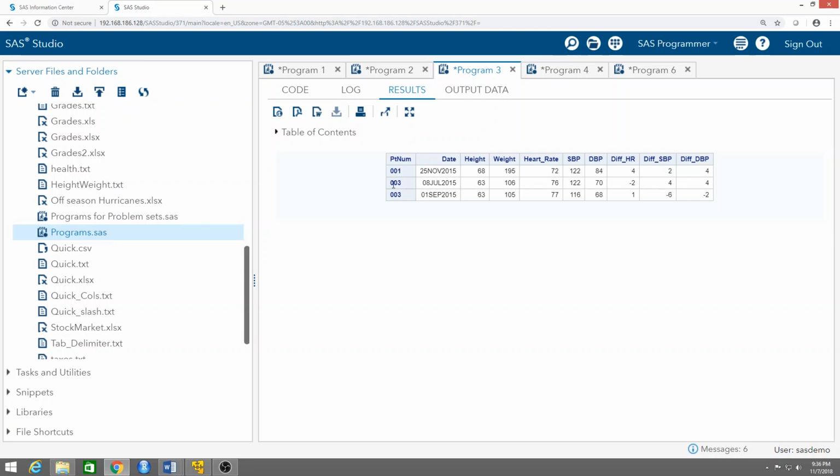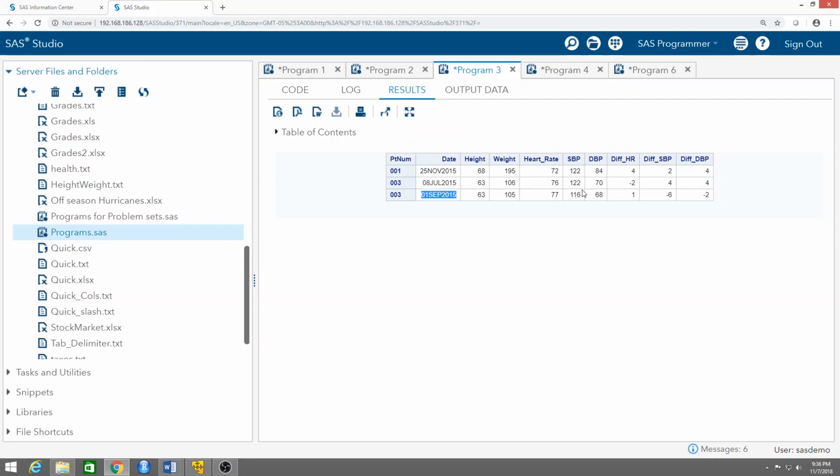Okay. Now, the third patient was there 3 times. So this would be the second time, and this would be the third time that patient number 3 was there. Again, we have the height and weight, which, well, there was a slight change here. That's just measurement error, I guess, not a big difference.